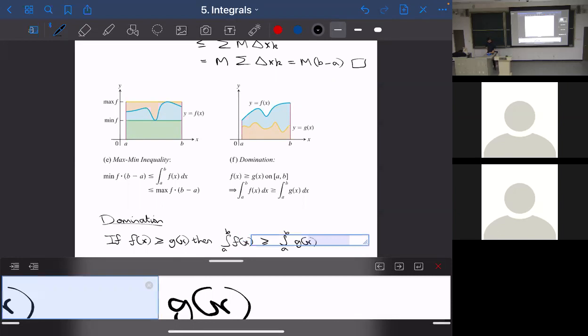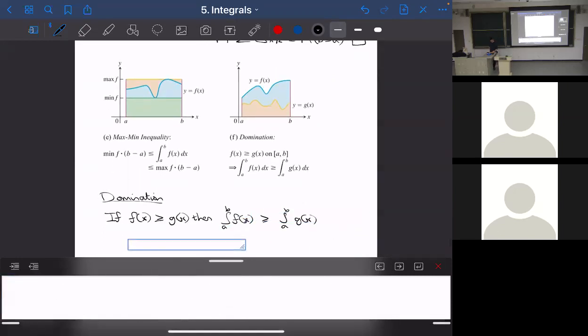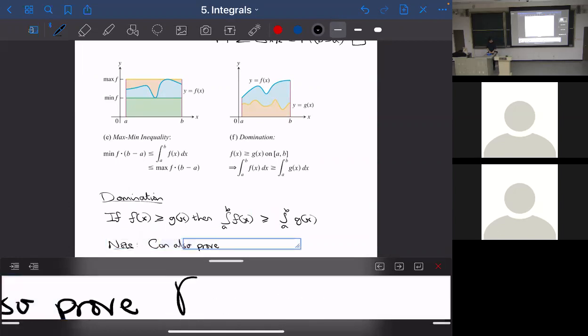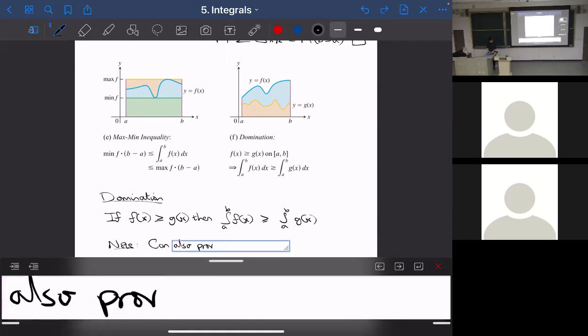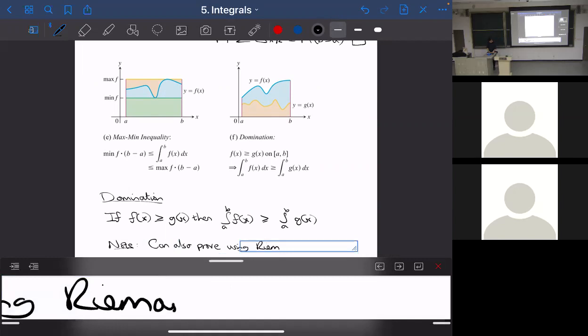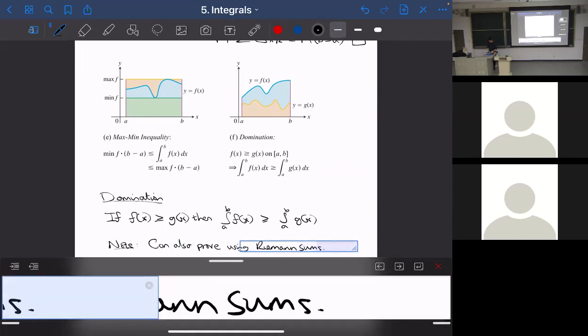And so that's saying this. And note we can also prove this using these Riemann sums. Okay, so that covers the facts about integrals that we'll be using.